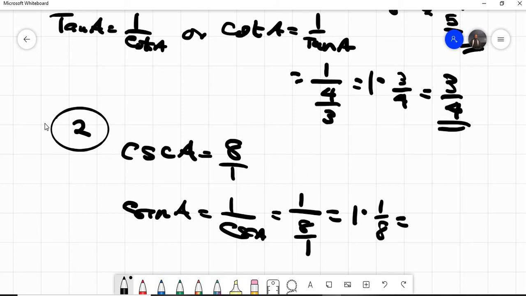That gives us 1 over 8. When we divide it we get some decimals, and we do sine inverse, and the angle is 7 degrees.